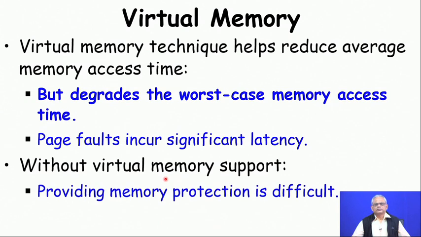But the virtual memory also has memory protection as an offshoot or as a byproduct. All virtual memory systems support the memory protection feature, that is, each task can access only those parts of the memory for which it is entitled.